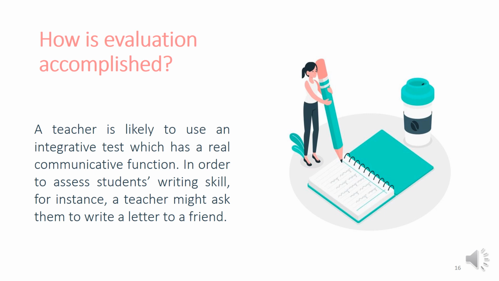For more formal evaluation, a teacher is likely to use an integrative test, which has a real communicative function in order to assess students' writing skills. For instance, a teacher might ask them to write a letter to a friend.